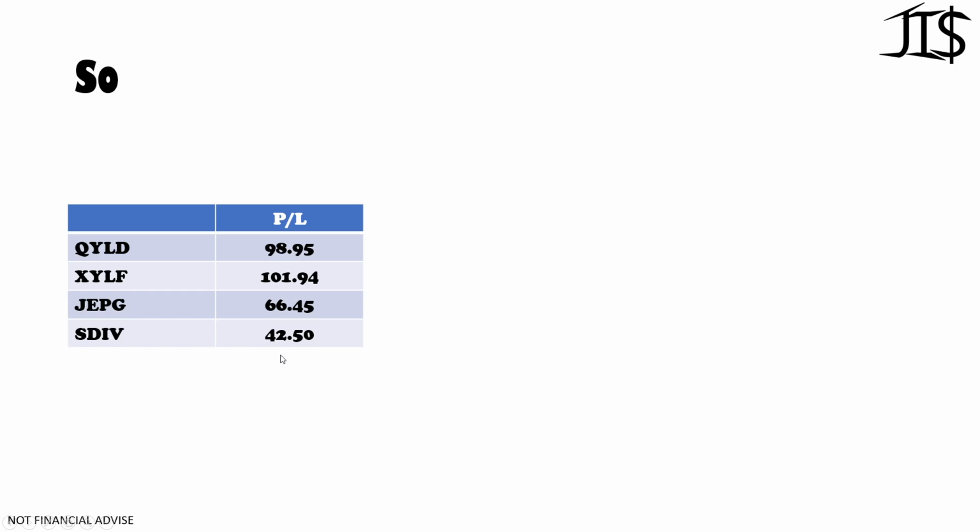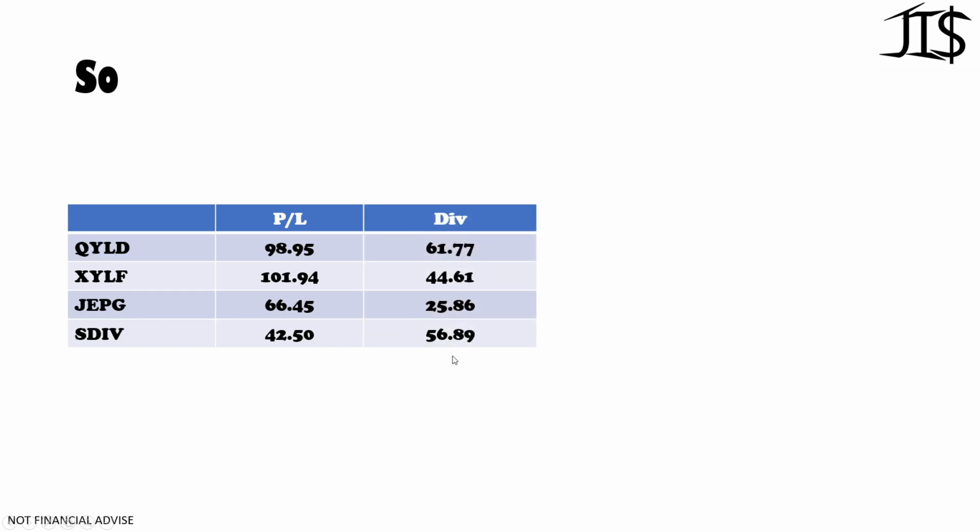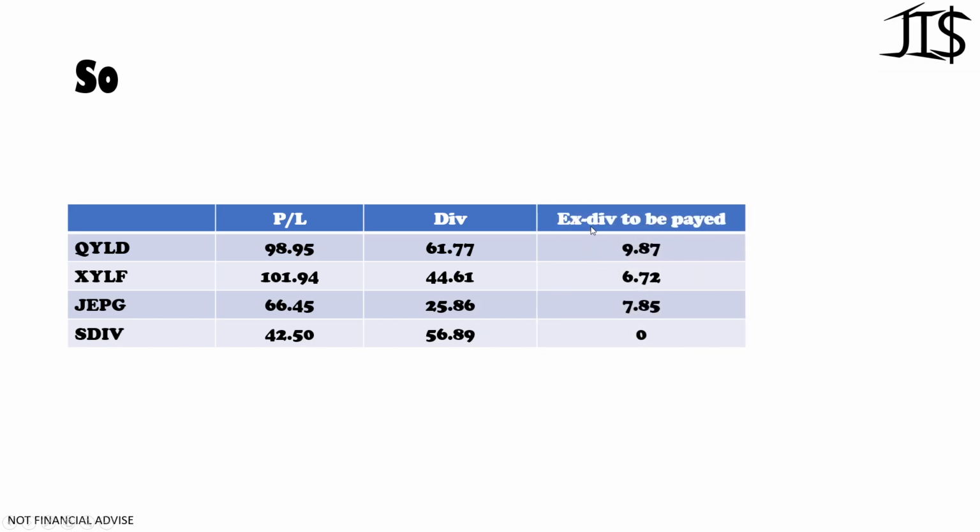Also in the beginning of the year a bit negative, but that's because of the dividend, of course. So they are paying out quite nice dividends, just like QYLD, around 12%. So 61.77 was distributed by QYLD, XYLF 44.61, JEPG 25.86, and SDIV 56.89.